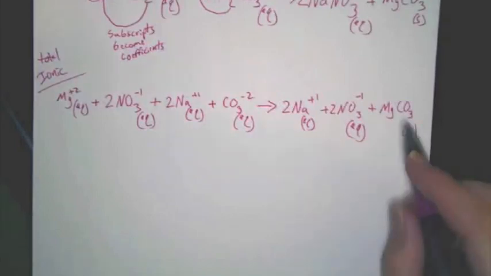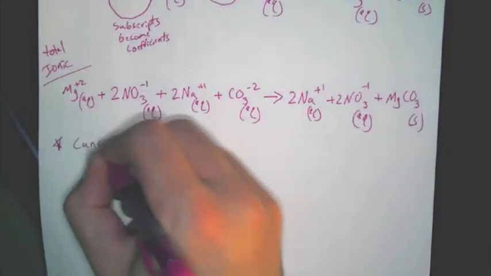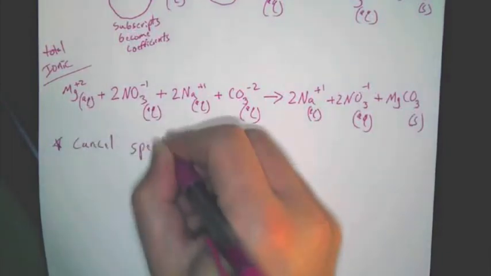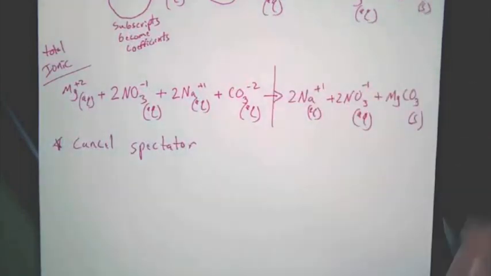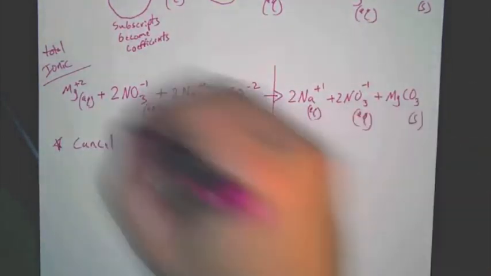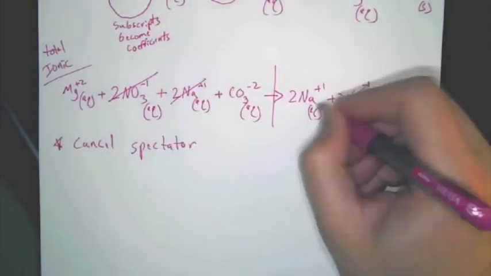So anyway, now you cancel everything out. Cancel spectator ions. So, what is the same on both sides of our arrow? We've got 2 NO3s, 2 NO3s, 2 sodiums, 2 sodiums.